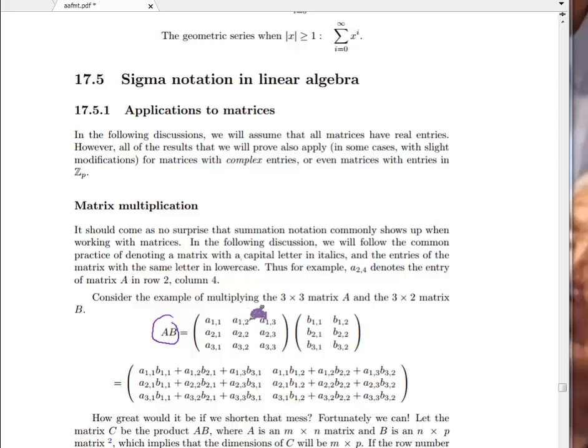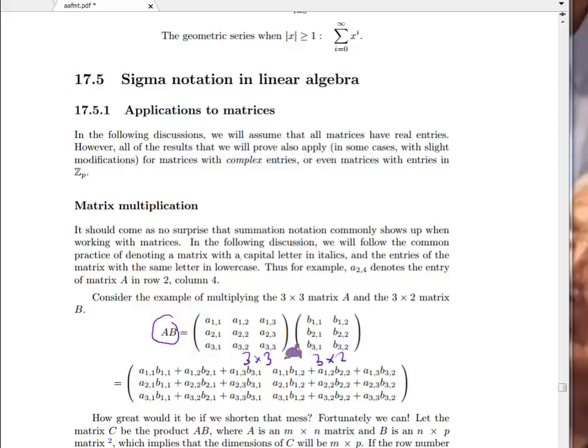The resulting matrix here is going to be a 3 by 2 matrix. Why is that? Because the left matrix has 3 rows and the right matrix has 2 columns. You also need to check, by the way, that the number of columns of the first matrix equals the number of rows of the second matrix, which they do. Actually, this is 3 by 3, and this is 3 by 2.